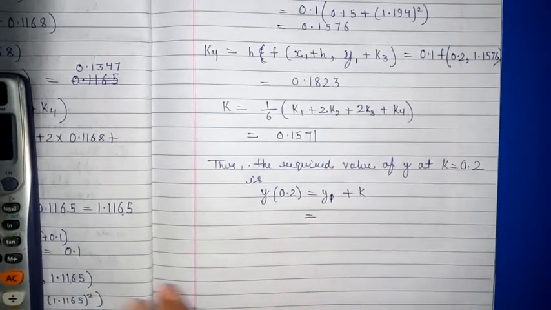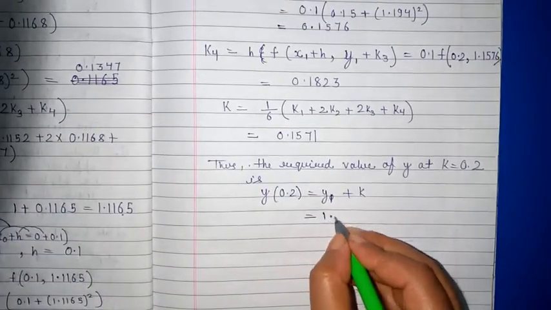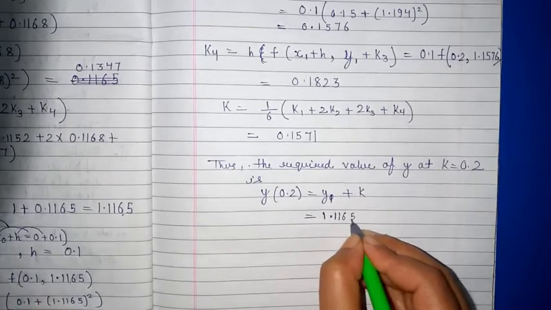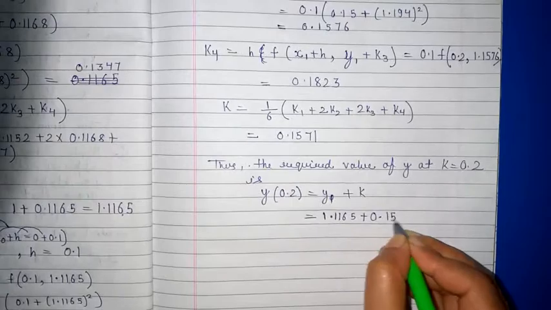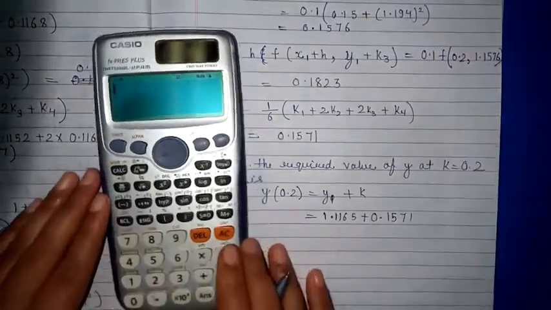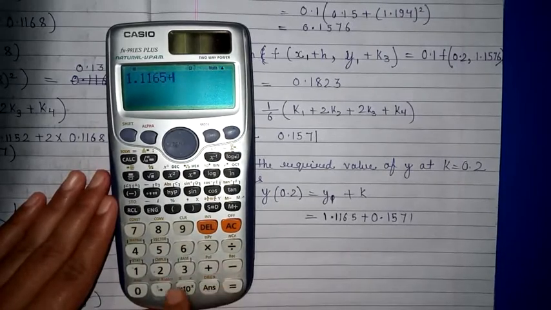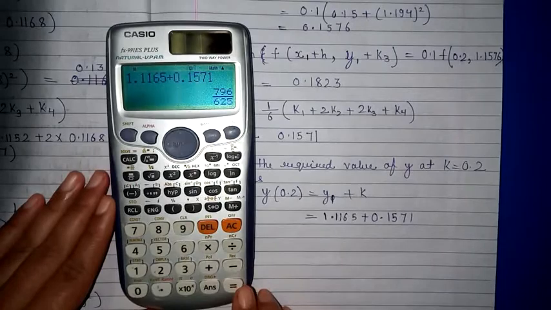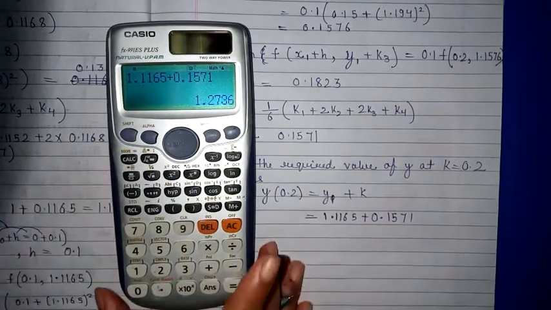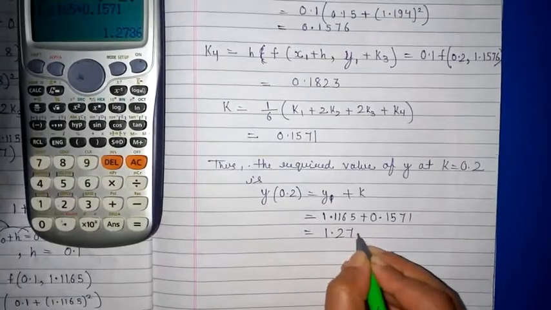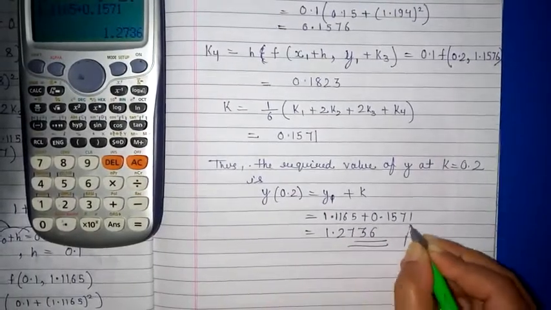So y1 is 1.1165 plus k is 0.1571. If we add all these, 1.1165 plus 0.1571, you will get 1.2736. So this is the answer.